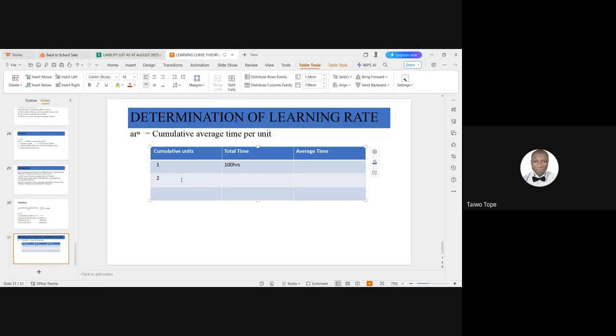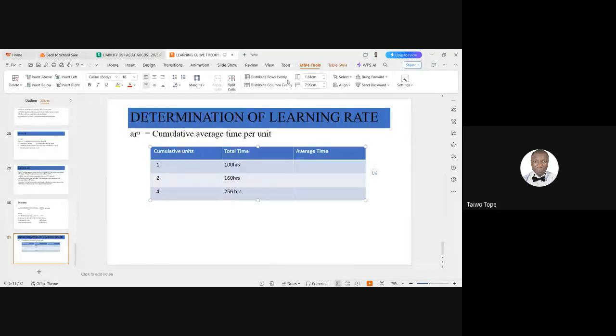Now, if you use 100 hours to produce 1 unit, I'm just trying to bring up a question now. Let's now say you use 160 hours to produce 2 units. It's not that there is a systematic way in which the total time is derived, but I'm driving somewhere. So let's now say 2 doubles to 4, and we use 256 hours.